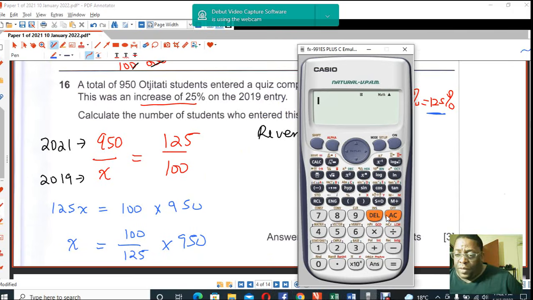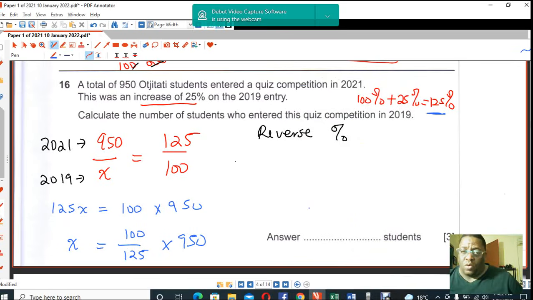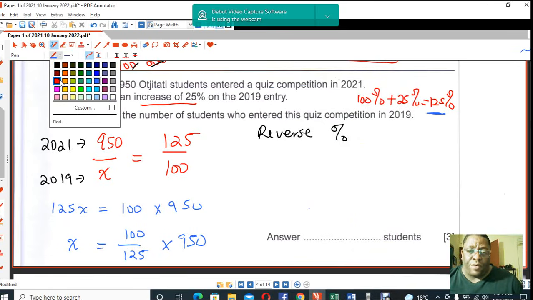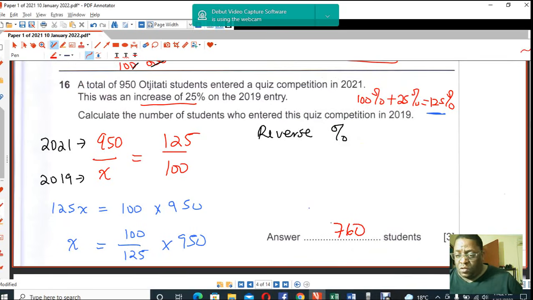So our answer would be 100 upon 125, and then you will simply multiply that with 950. And that gives you 760, which is what we are looking for. 760 students.